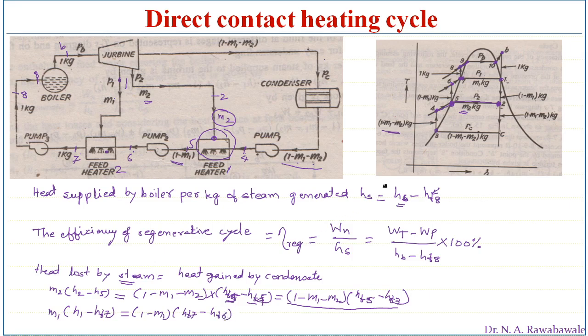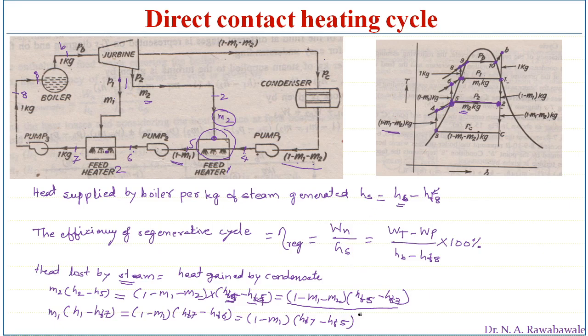If pump work is neglected from 5 to 6, this is written as 1 minus M1 into HF7 minus HF5, since enthalpy at 6 is equal to enthalpy at 5.